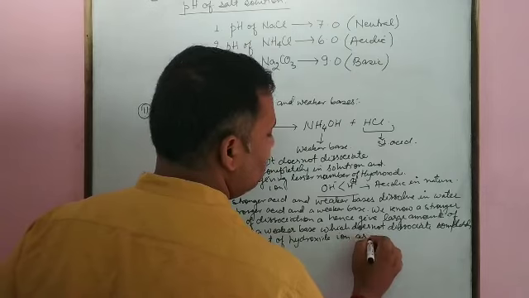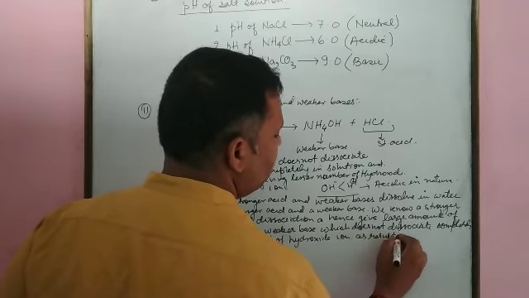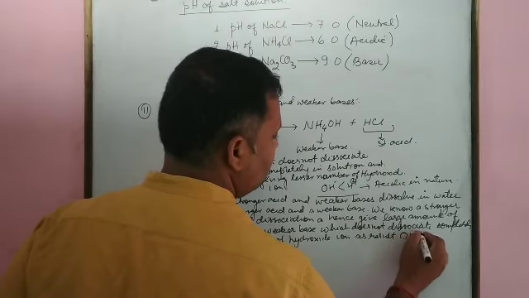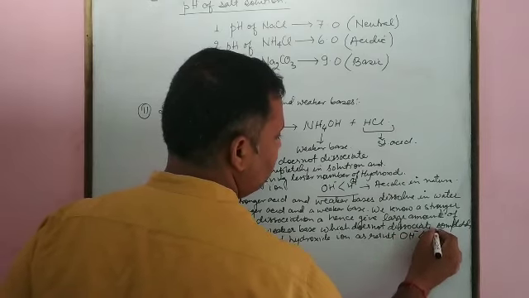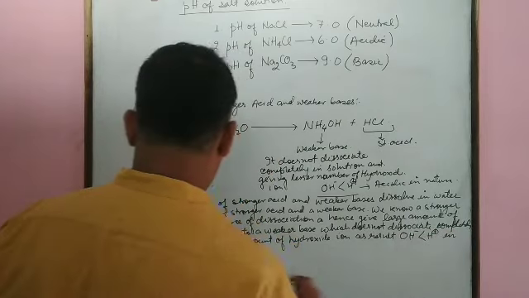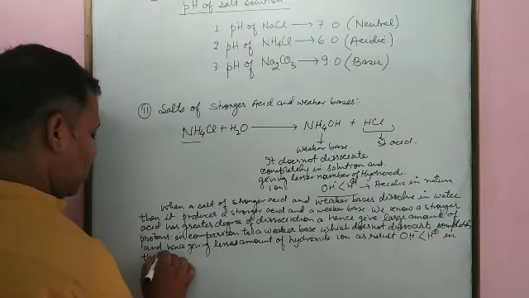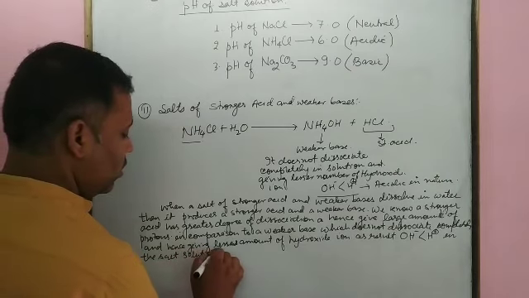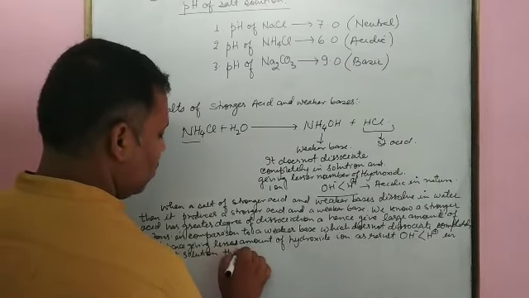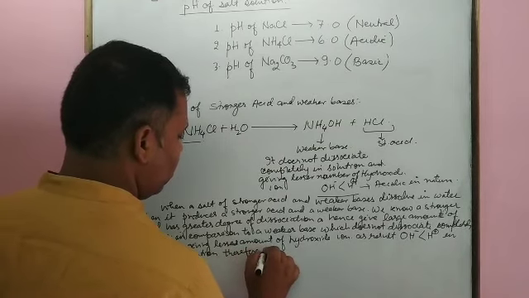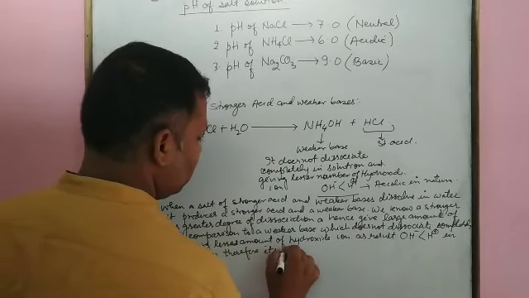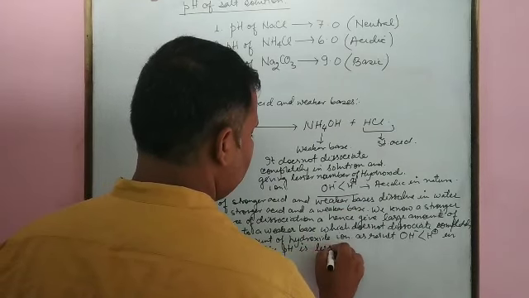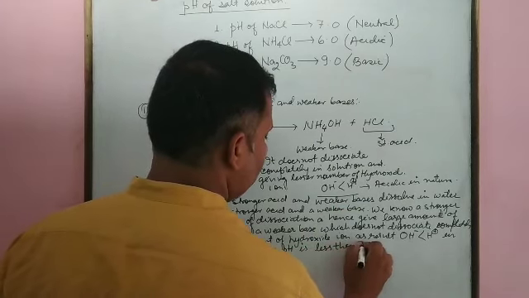As a result, the hydroxide ions are less than H plus in the salt solution. Therefore, its pH is less than 7.